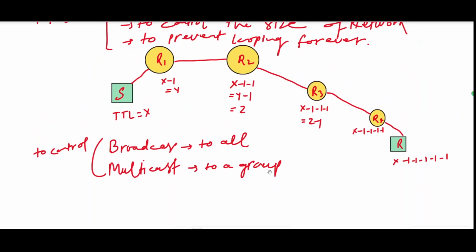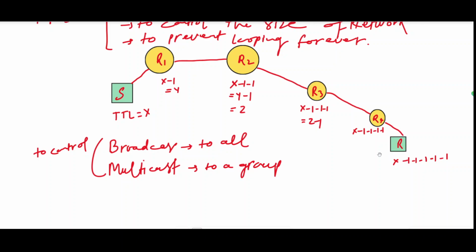Because suppose this sender wants to send only to this receiver, then decide one value. TTL will be 1 here, TTL will be 2 here, TTL will be 3 here, TTL will be 4, TTL will be 5 for this. Clear?